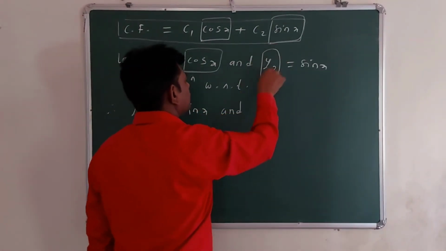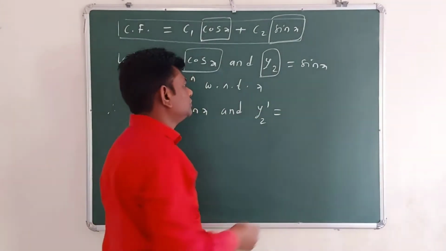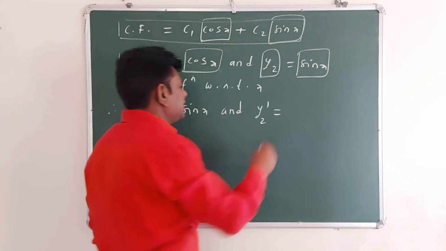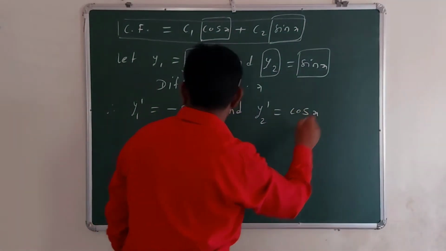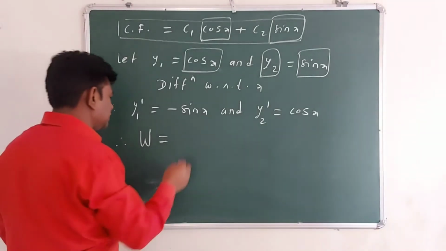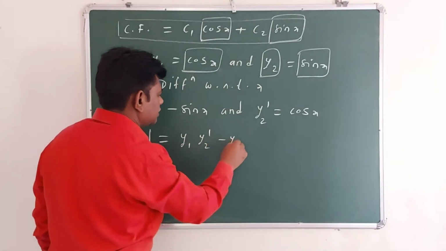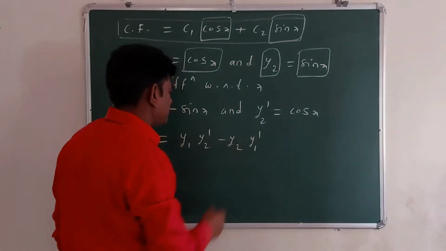Similarly, the derivative of y2, denoted y2', is the derivative of sin x, which is cos x. Therefore, the Wronskian W is equal to y1 y2' - y2 y1'.